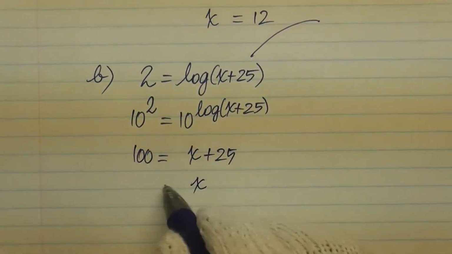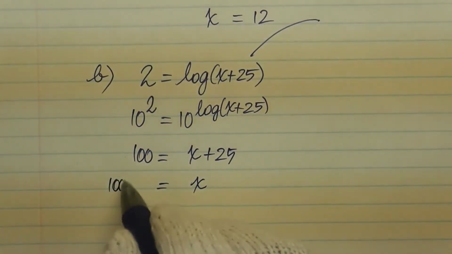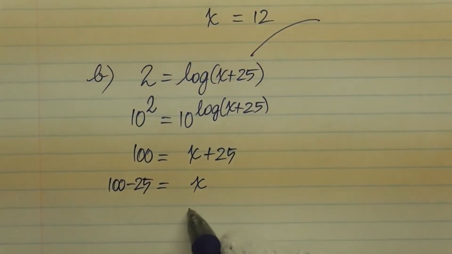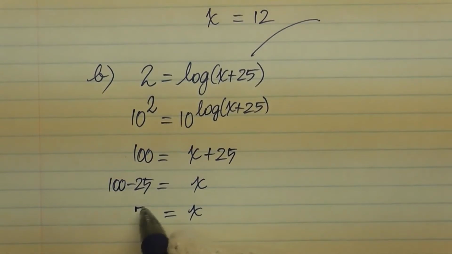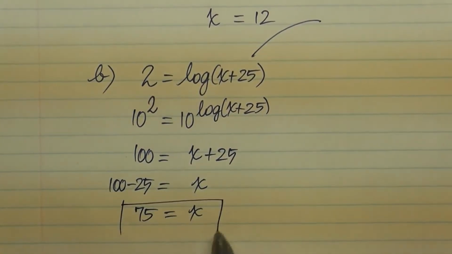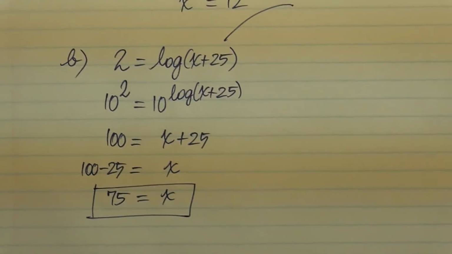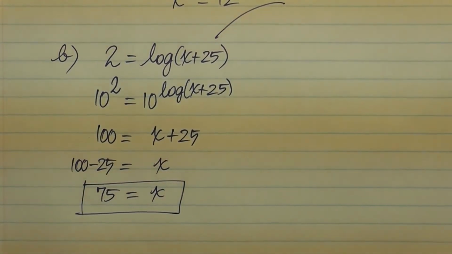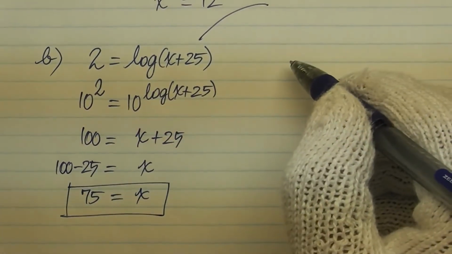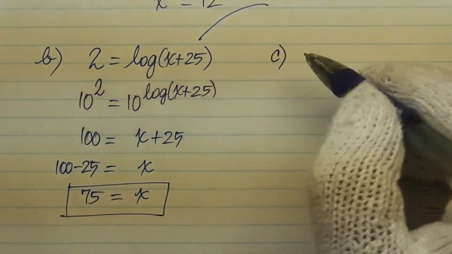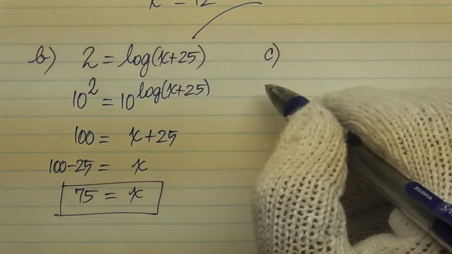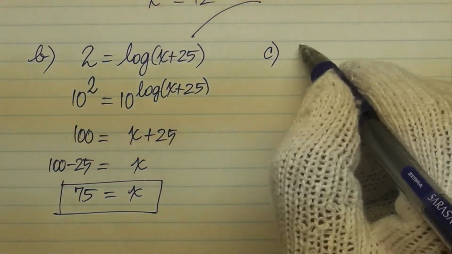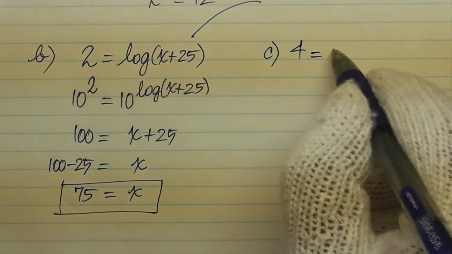So x is equal to 100 minus 25. X is equal to 75. I'll do one next to it so that you can see them and notice that the steps are the same.